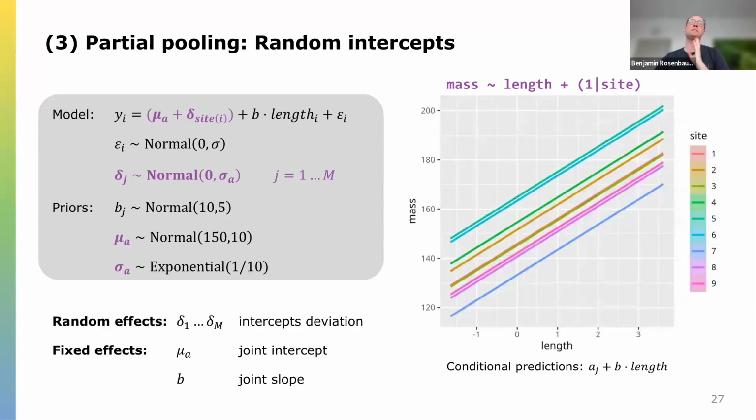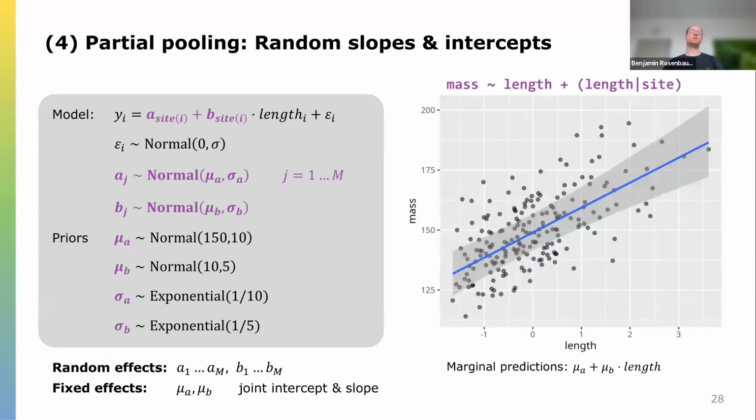But now we can do the same for the slope as well, right? So instead of having the slope being 1 for all of the sites, or being an independent slope for each site, we write this in this way.